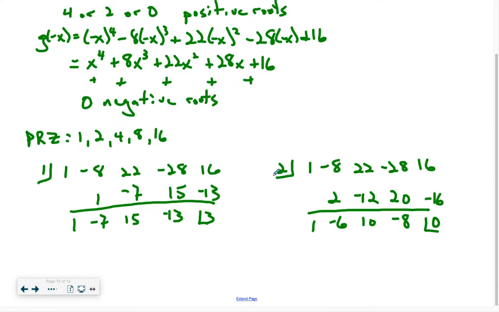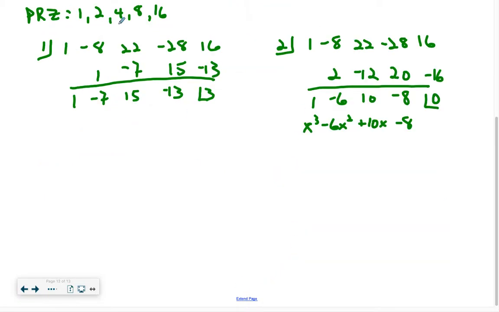So since I started with a 4th degree, that means this will be a 3rd degree. So this will just be x cubed minus 6x squared plus 10x minus 8. So let's try our next possible rational zero. So let's divide 4 in.